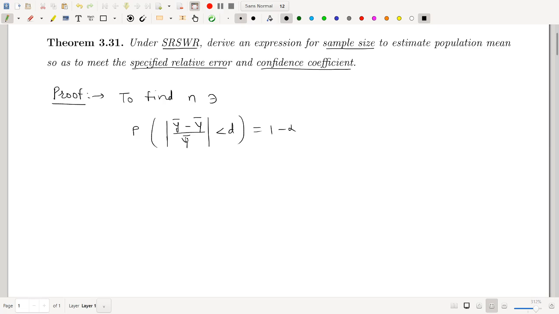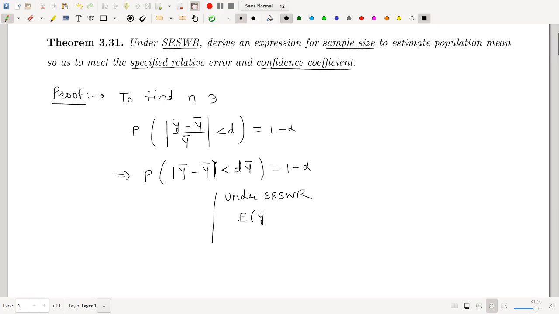So here the change is only here, divided by capital Y bar. If I send this Y bar to this side, then this will be mod of small y bar minus capital Y bar is less than d Y bar is equal to 1 minus alpha. You know, under SRSWR, expected value of small y bar is capital Y bar.